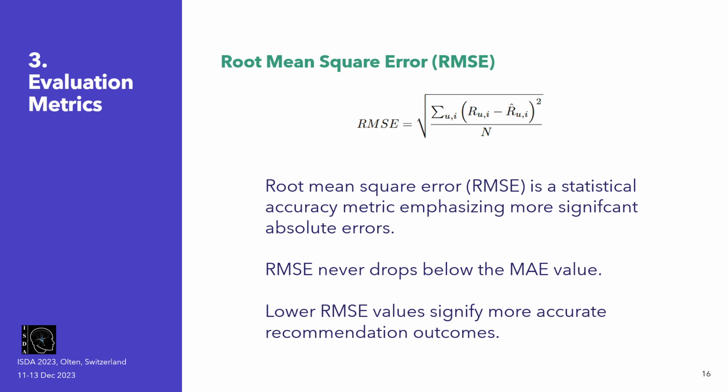The second metric is the root mean square error, a statistical accuracy metric emphasizing larger absolute errors. The RMSE never drops below the MAE value, and likewise, the lower the RMSE value, the more accurate the recommendation outcome.